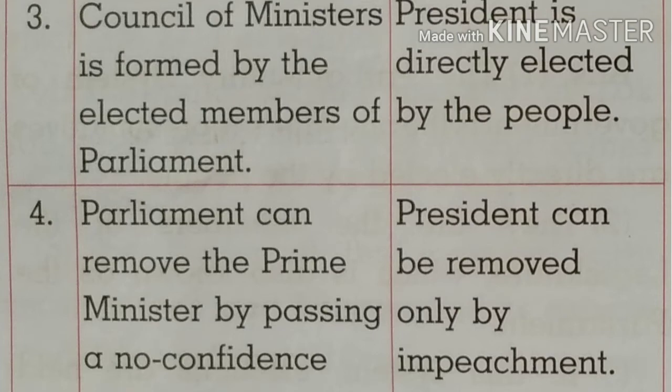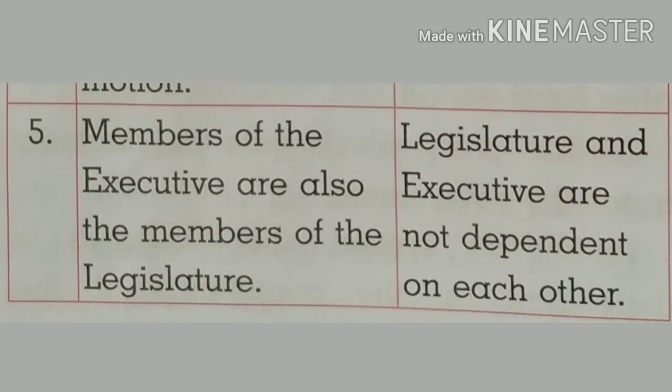But in the presidential system, President can be removed only by impeachment. Students, impeachment is a process by which a legislative body levels charges against a government official. And the last difference, in a parliamentary system, members of the executive are also the members of the legislature. And in the presidential system, legislature and executive are not dependent on each other.